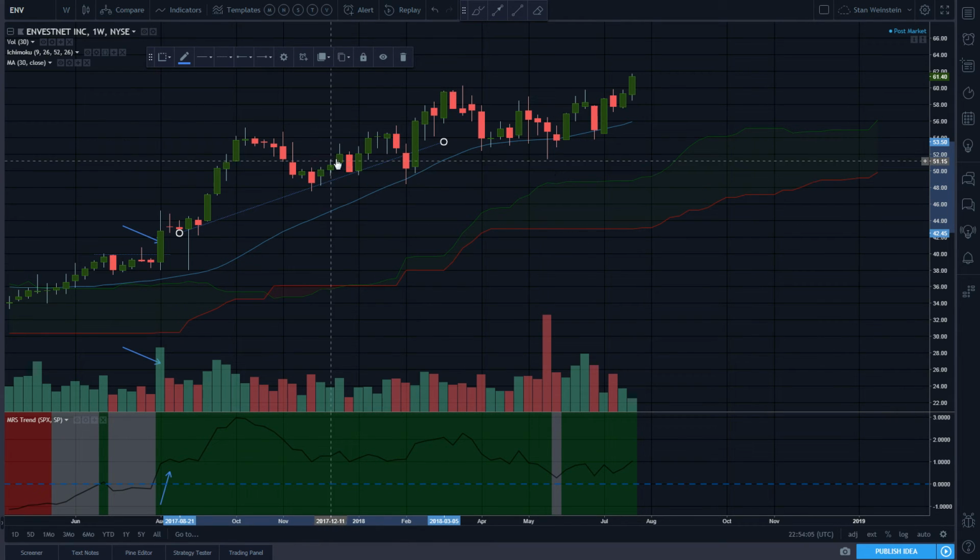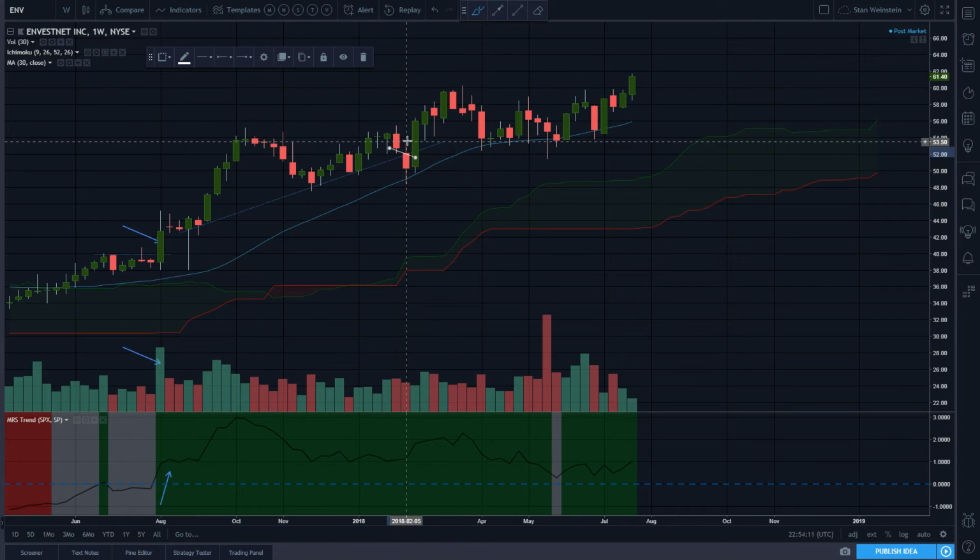One, 2, 3, right here. I really trust these trendline violations, guys. Have a reposition out here, dabbling below the 30-week moving average. You get the close below, but you should have exited here. These are warning signs. When you get this price action here, you should look at the charts.